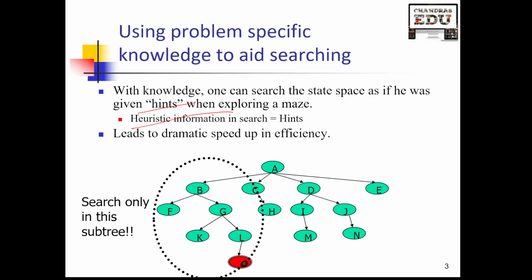So we limit the search to this branch so that we can find the solution in an easy way. Rather than checking every tree branch, we will specifically go into this branch to find the solution. So the speed and the efficiency of the search increase. That means we are putting lesser effort to find the solution.